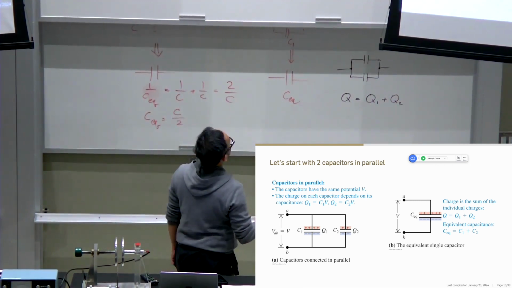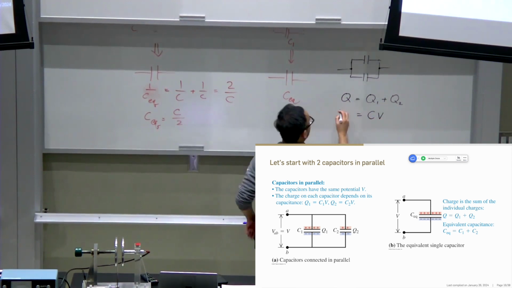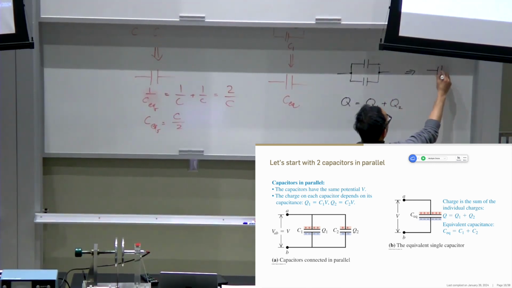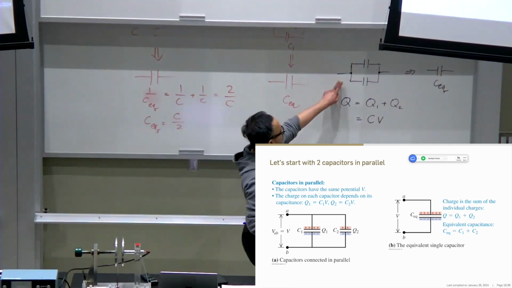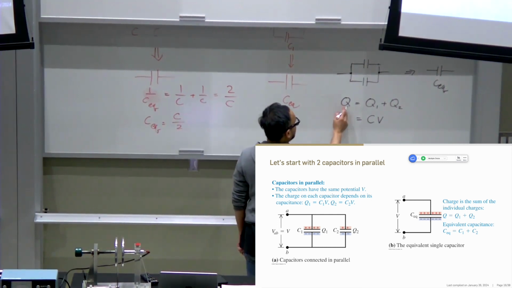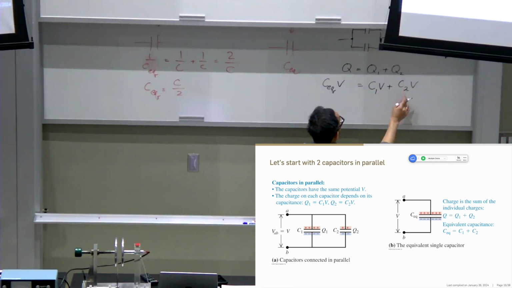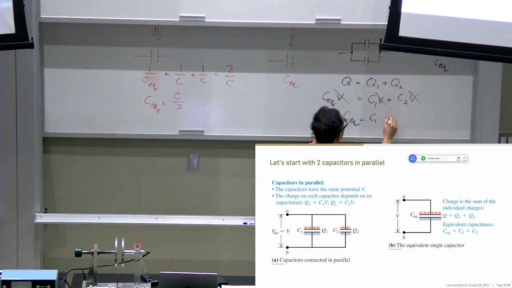And Q is equal to C times V. So what I'm doing right now is deriving the equation for capacitors in parallel, and we want to find the equivalent capacitor that can replace these two capacitors. Q here is equal to C equivalent times voltage. And the Q in the other capacitors is just C1 times V, and the V are the same. So you can cancel all V, and C equivalent equals C1 plus C2.